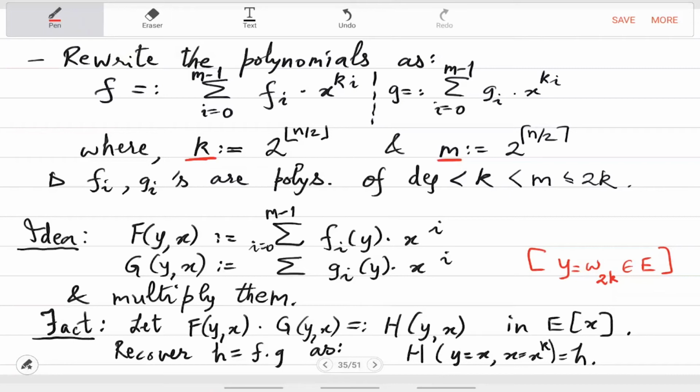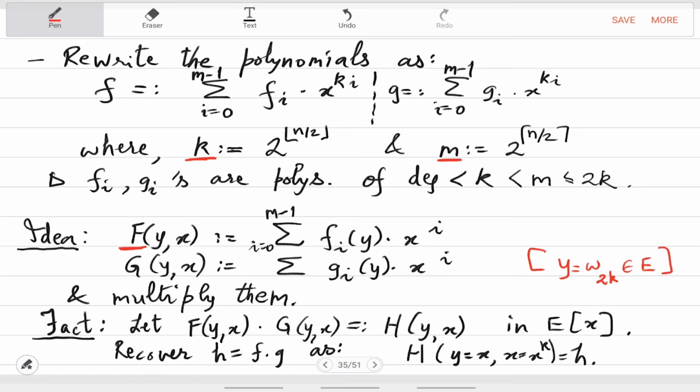Then your auxiliary polynomial big F, change the definition slightly. So look at f_i as a univariate in a new variable y. So basically from univariate we are going to bivariate. So f_i in y, and instead of x to the ki, you actually look at x to the i.